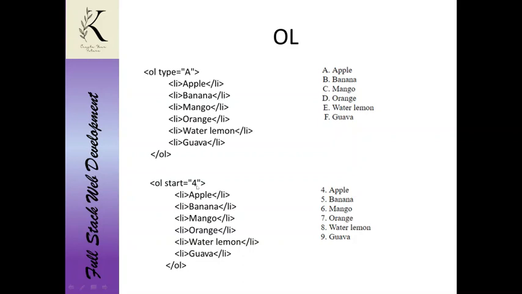It is very useful when we don't want to put the whole list together in one place, and we place different sections of the list in different places, but we need to follow the same sequence because we want to show that it is part of the same list. In that case we can start with a different sequence number in different sections of the document. So in that respect it is very useful. This is all about list.